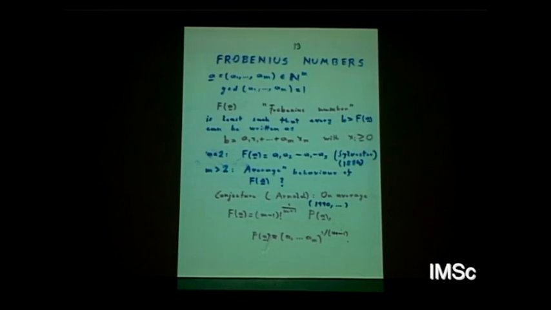Okay, so that's the definition of Frobenius numbers, and if the components are relatively prime, this number exists, otherwise it wouldn't work. So what are some old results?